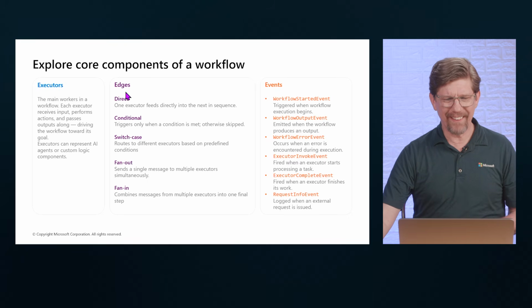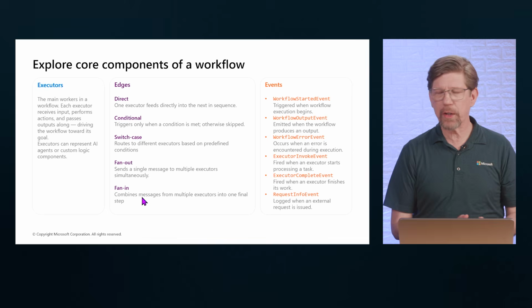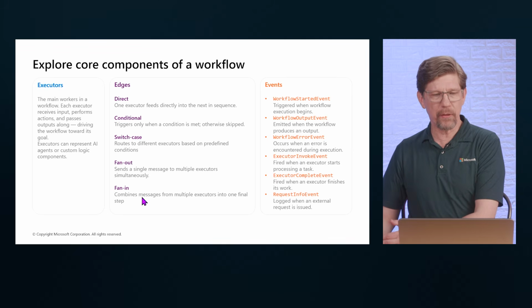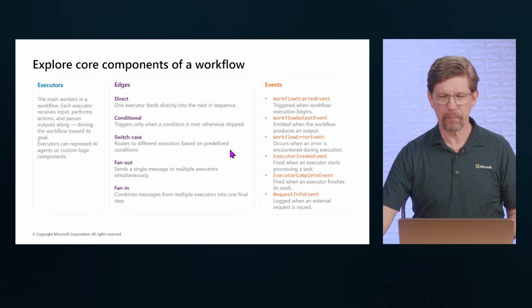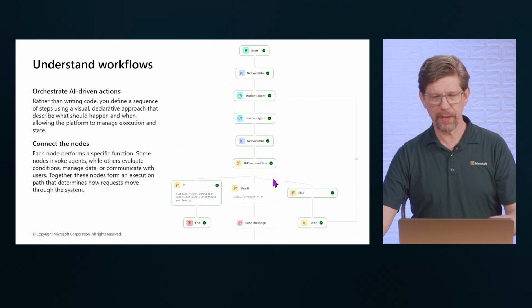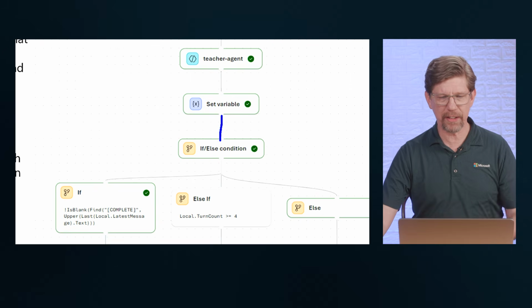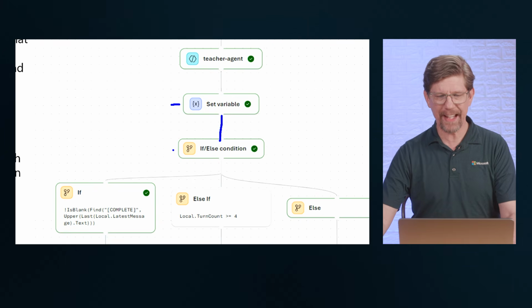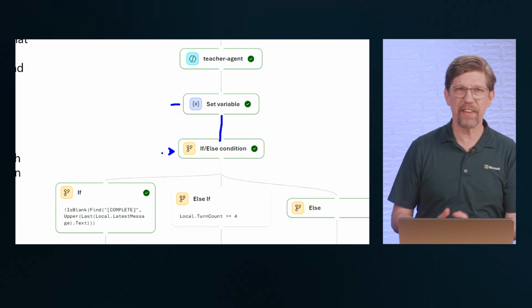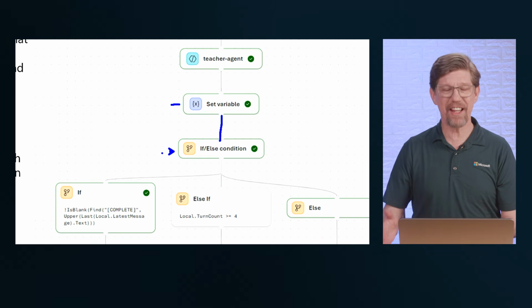Then there are edges. And edges are going to be connecting to other systems. For example, here we have a simple edge that is connecting from set variable. We're going to end up in the if-else condition, and we're doing that every single time.